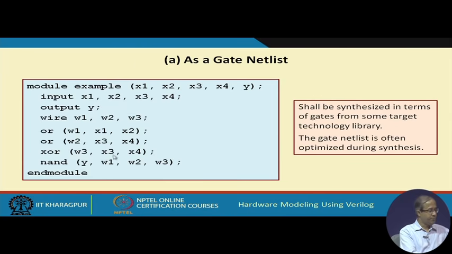Now, the point to note is that here we are directly specifying the gate types, but when the synthesis tool synthesizes, it will generate the final hardware based on some target library. Let us say, for example, the target library does not contain any exclusive OR gate.